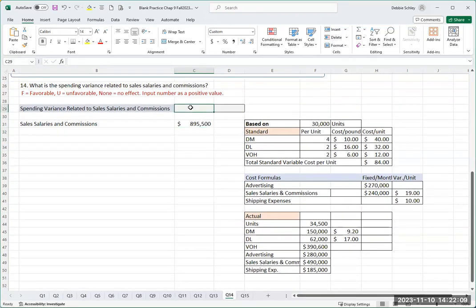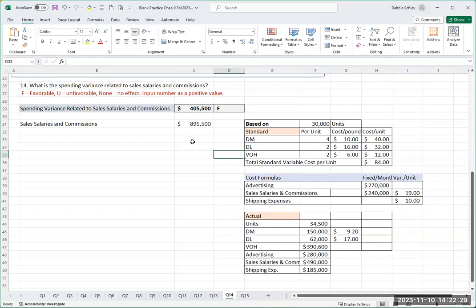So that is what I thought was going to happen. What I thought was going to happen minus what actually happened. And so that's a 405,500 favorable, because what I thought was going to happen was less than what actually happened.